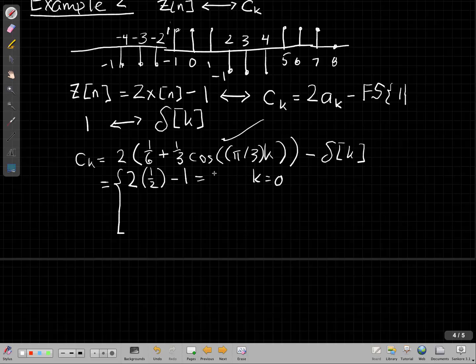Well, that term becomes 0, right? 2 times a half is 1, minus 1 is 0. I'll have 2 times a third, and the delta of k term is 0 here. So, just to be very redundant, I'll have 2/3 when k equals plus or minus 1. I'll still have 2 times 0 minus 0, so I'll still have 0 when k equals plus or minus 2.